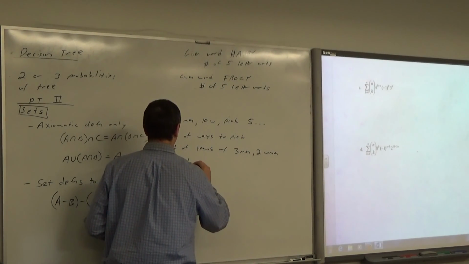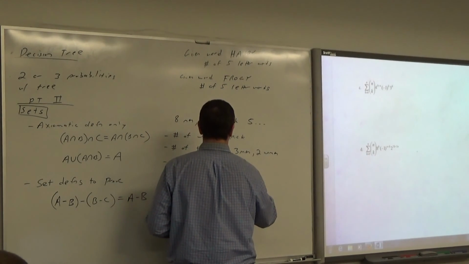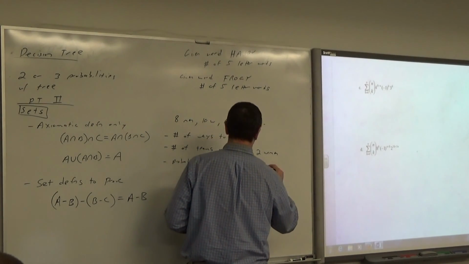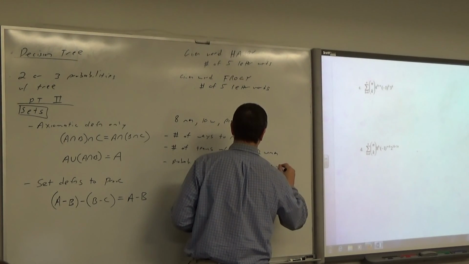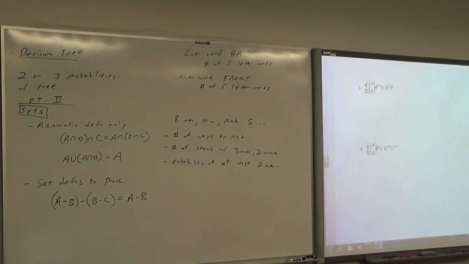Probability of selecting at least 2 men. Okay, those types of problems. So all that stuff is going to be the stuff on assignment number, I guess it was assignment 9 for you guys. The first one, number of ways to pick.